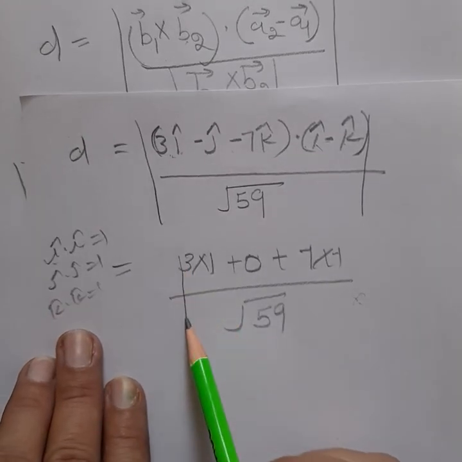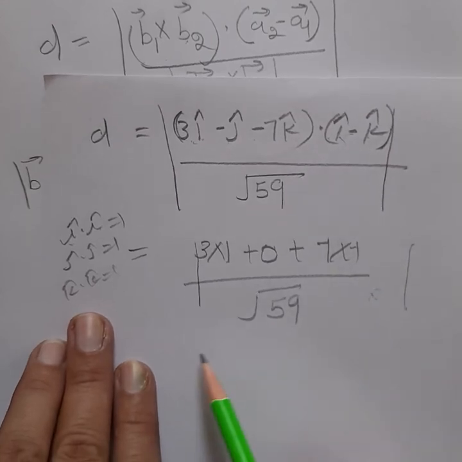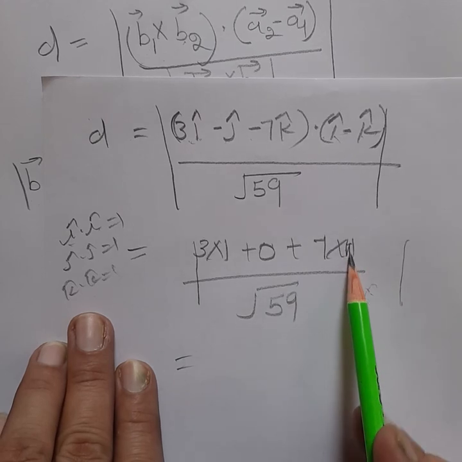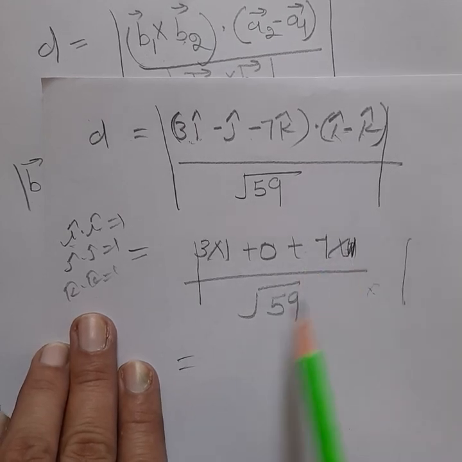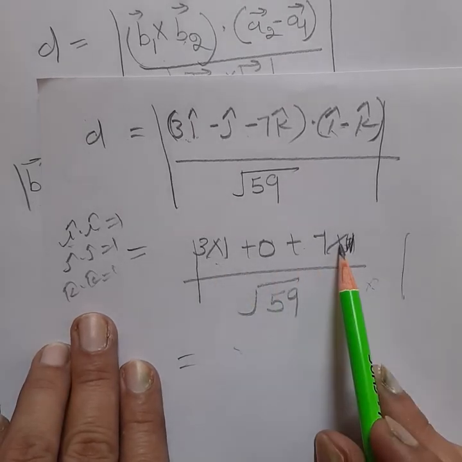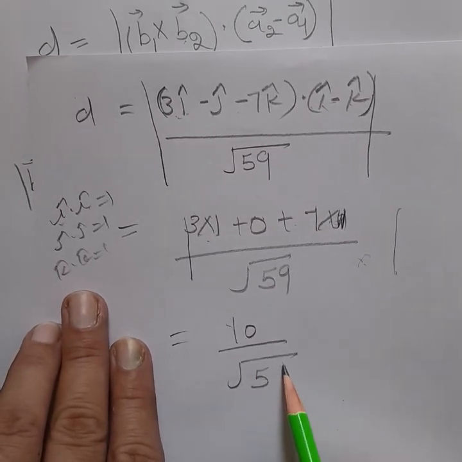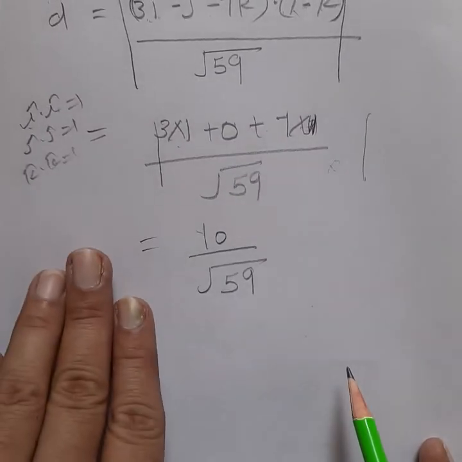In this way you get 3 plus 1. Here you have 1 because minus minus is plus, then 3 plus 7, sorry, and we get 10 here, and we have the value 10 over square root of 59.